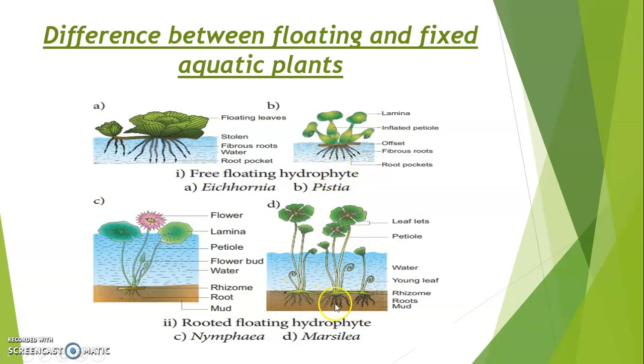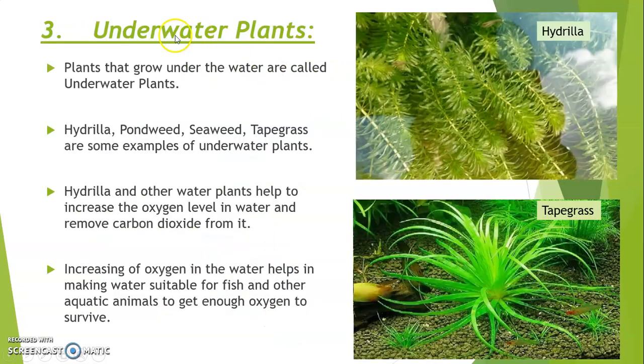So this is the only difference: the floating plants have the roots outside the water bed, and the roots of the fixed aquatic plants are inside the bed of the water.